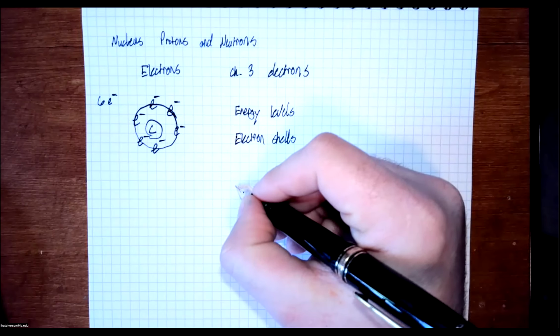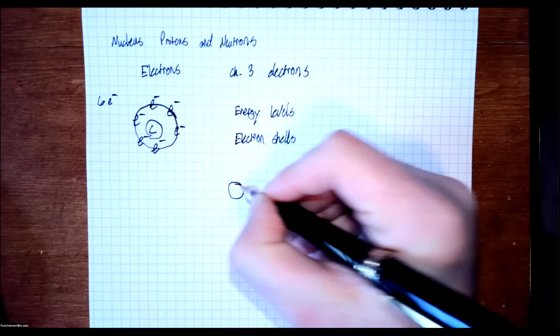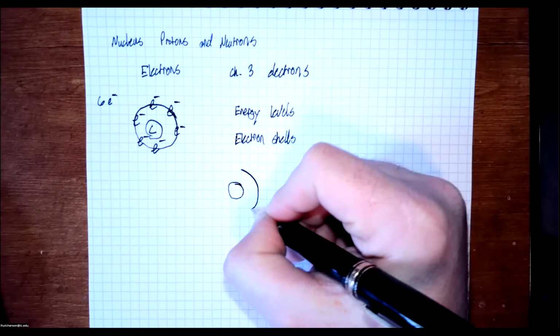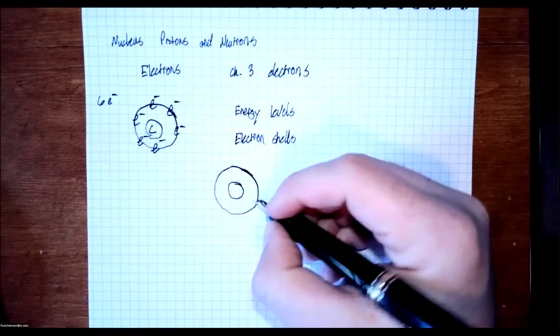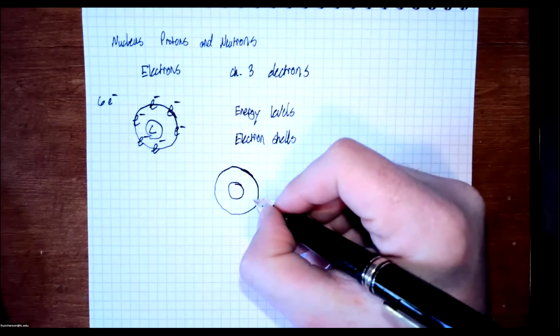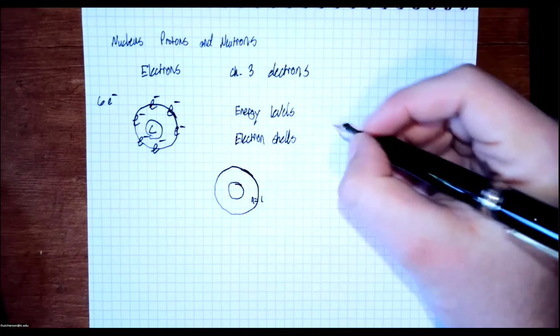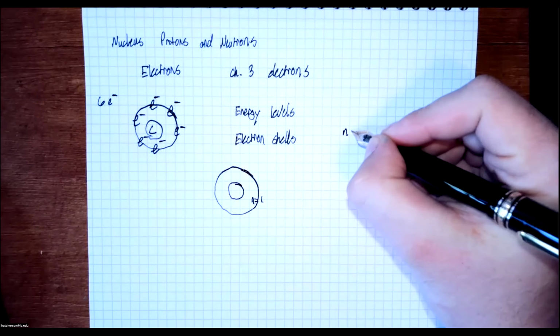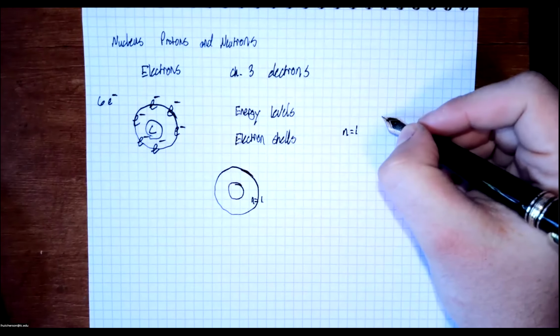All right, so let's look at our carbon atom here again, and let's put an electron shell here. We're going to call this the n equals 1 shell. I'm going to just go ahead and start making a chart here.